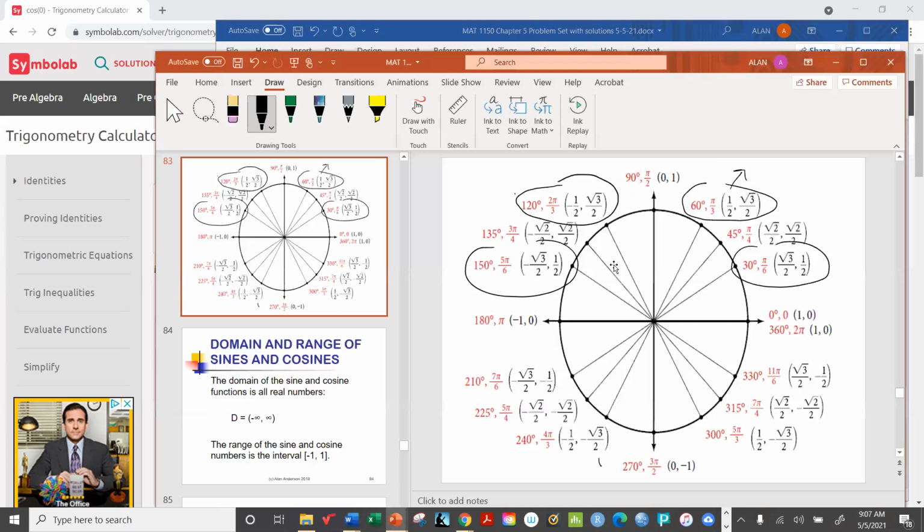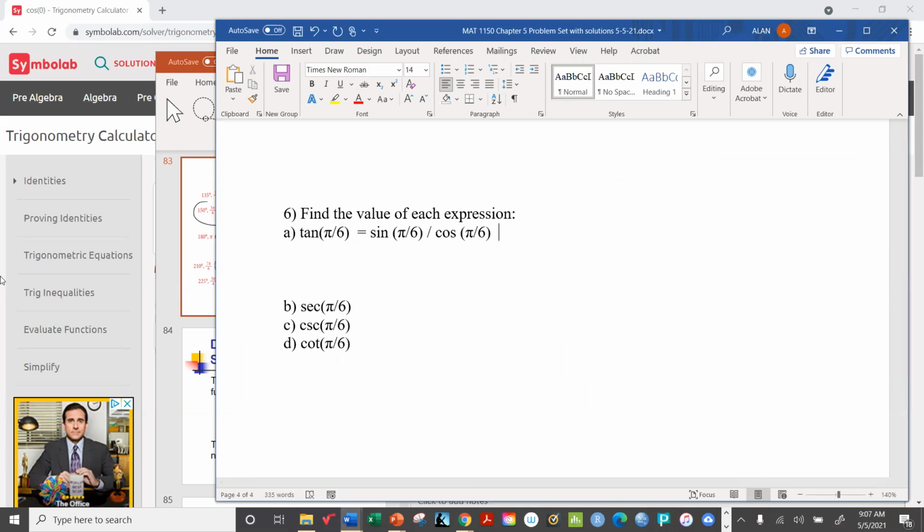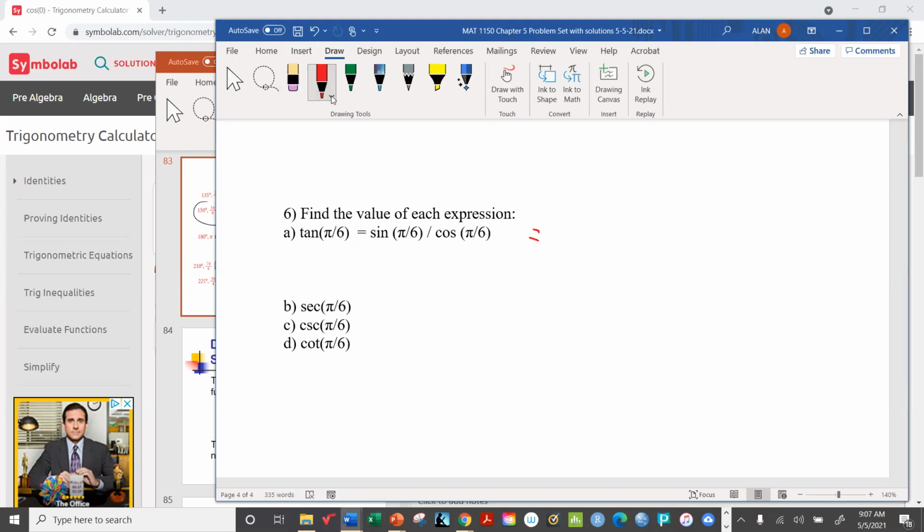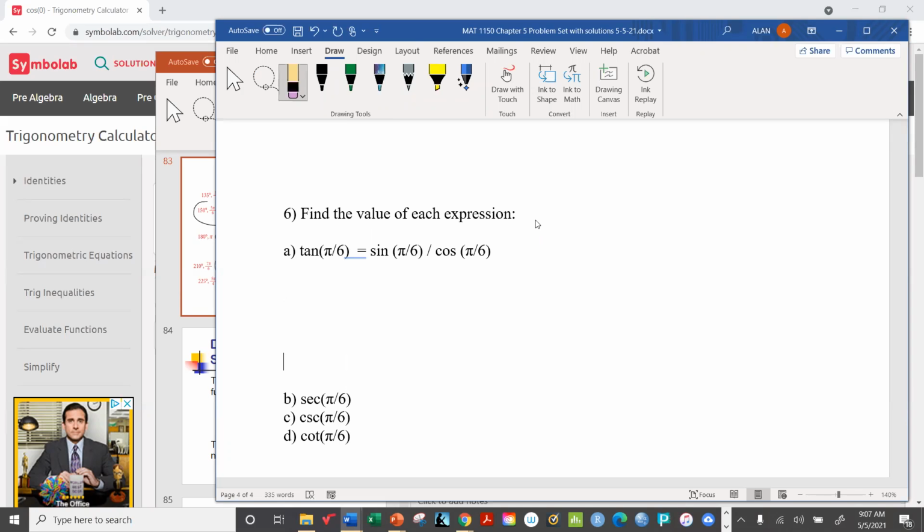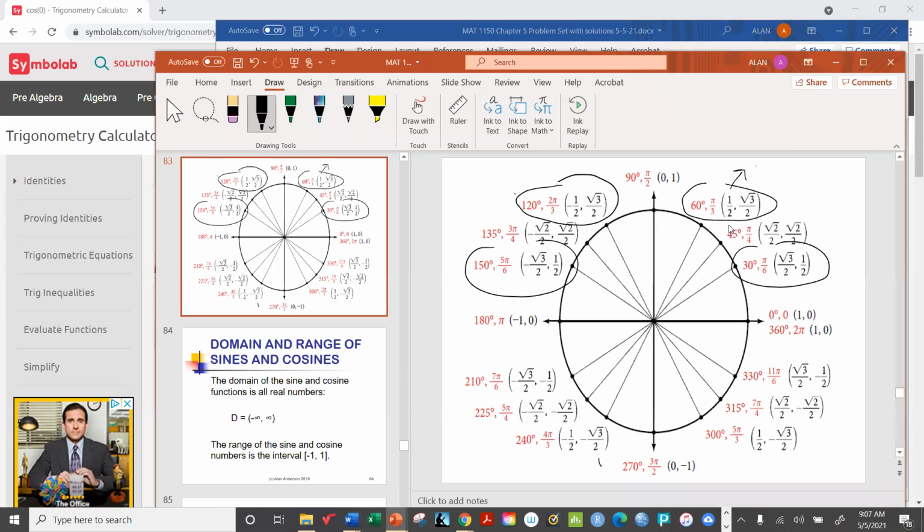Like if you go to the unit circle, you'll have 1/2 over radical 3 over 2. Remember the first one is the cosine, and the second one is the sine.